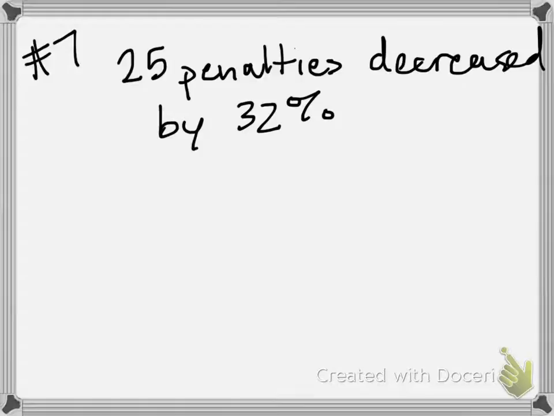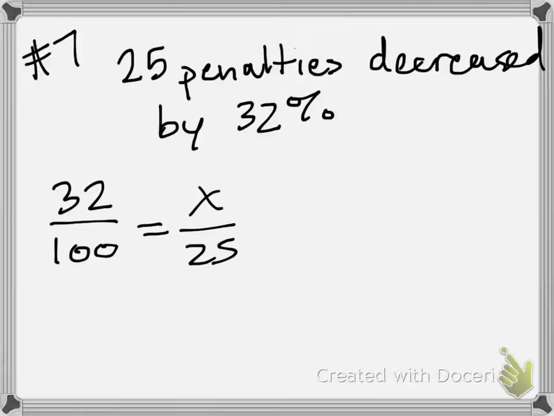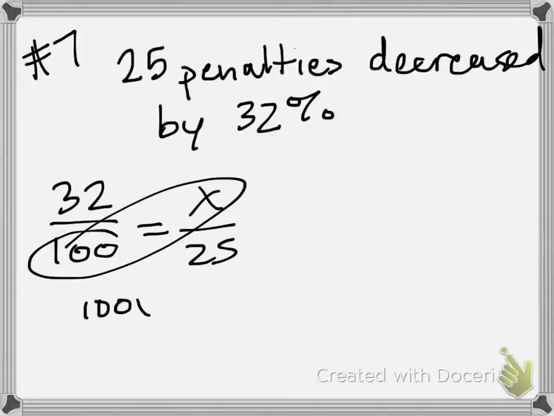Alright, so let's take a look at this one. The first step, finding 32% of 25. So 32 over 100 equals x over 25. 100 times x is 100x. 25 times 32 is 800.